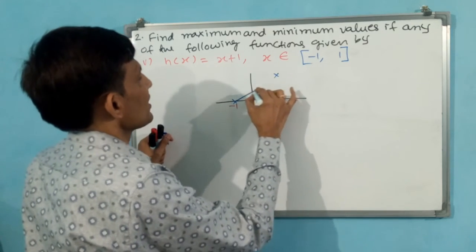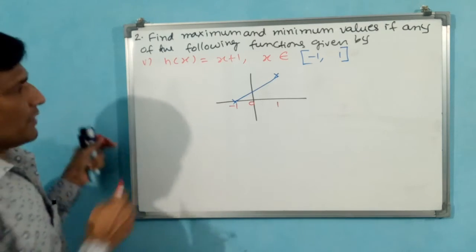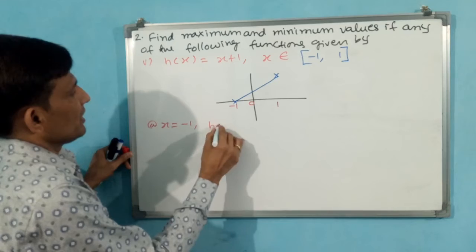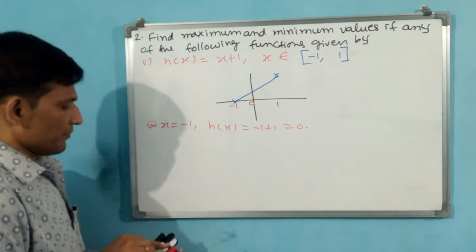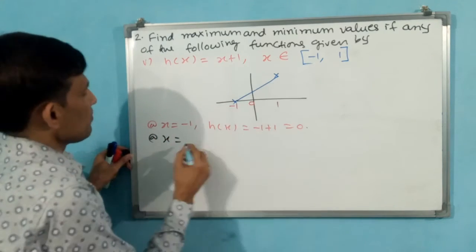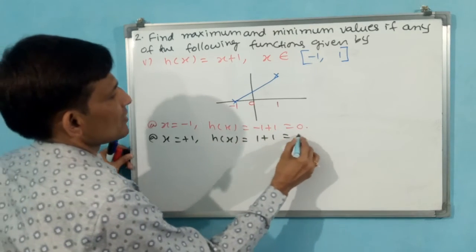Yeah, then you draw. Now you come here. At x equal to -1, h of x is equal to -1 + 1, that is equal to 0. At x equal to +1, h of x is equal to 1 + 1, that is equal to 2.